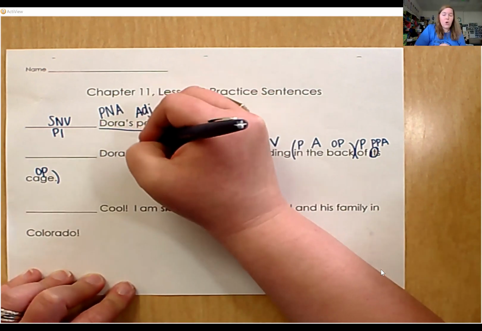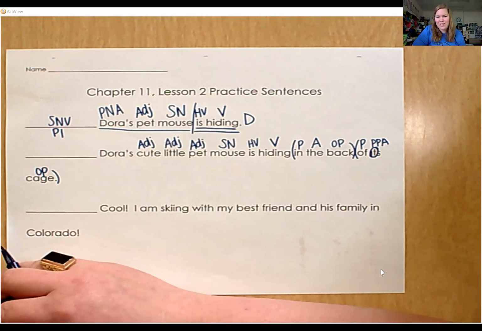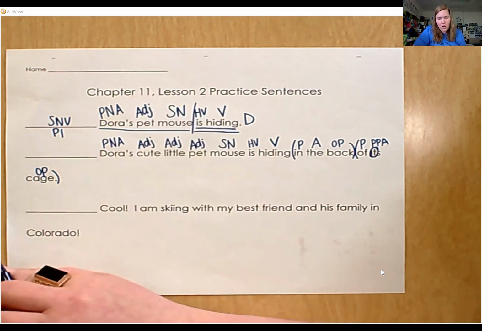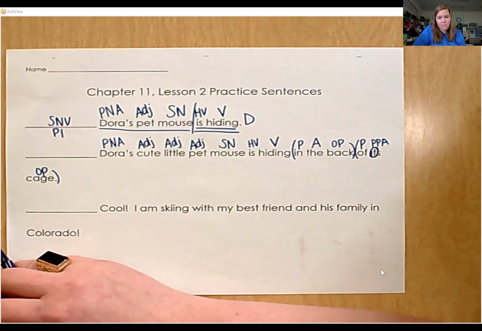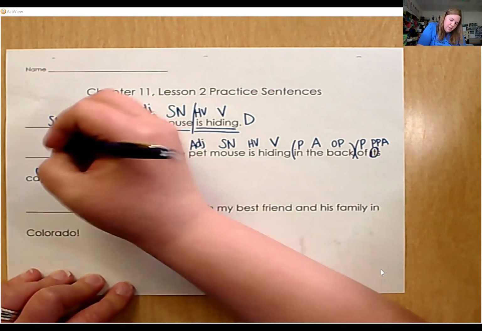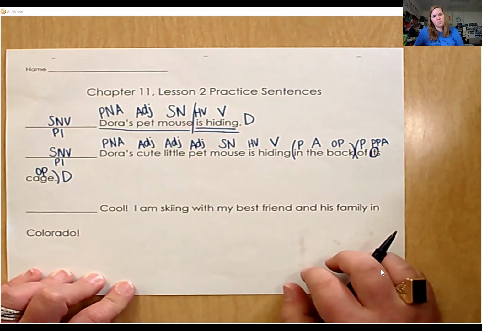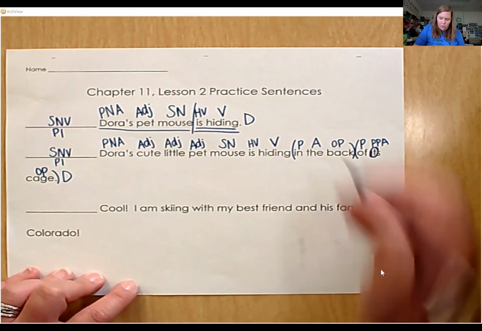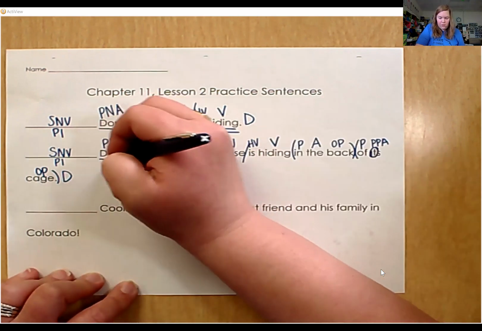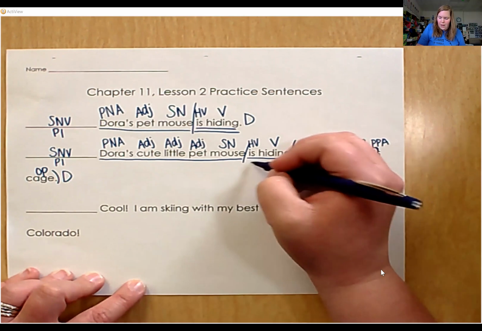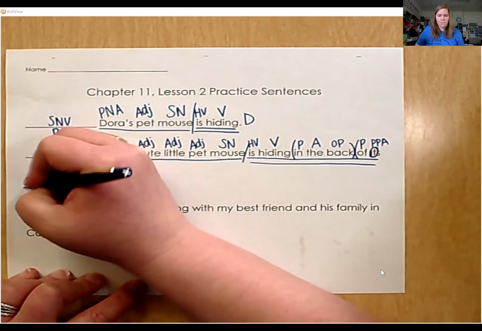Adjective. Whose cute little pet mouse? Dora's. Possessive noun adjective. PNA. Dora is naming a person. Period statement, declarative sentence. Subject, noun, verb, pattern 1. Where do I draw the slash? Right before the helping verb. So the subject is Dora's cute little pet mouse. The predicate is hiding in the back of its cage. Very good.